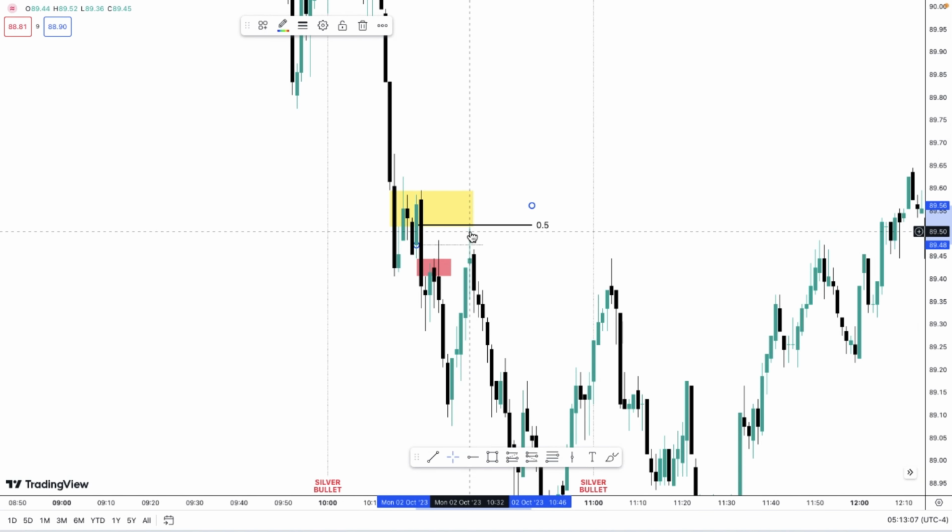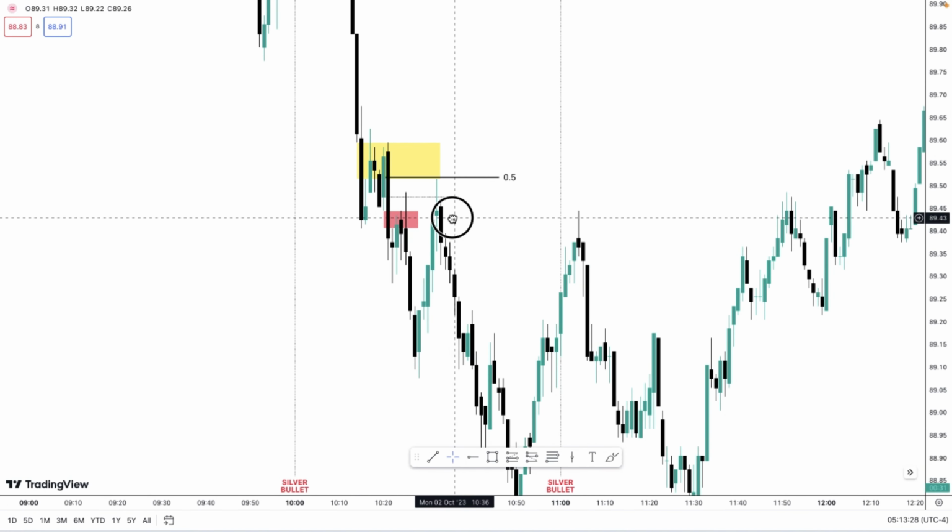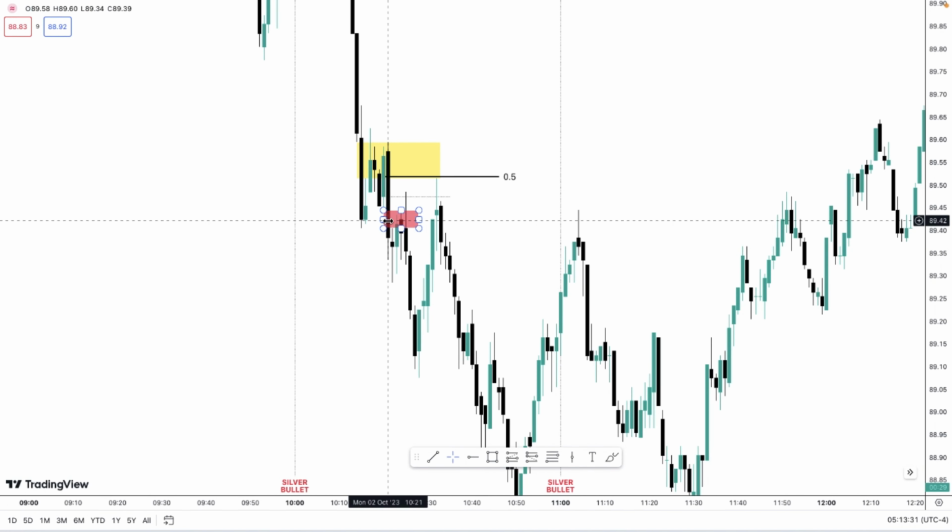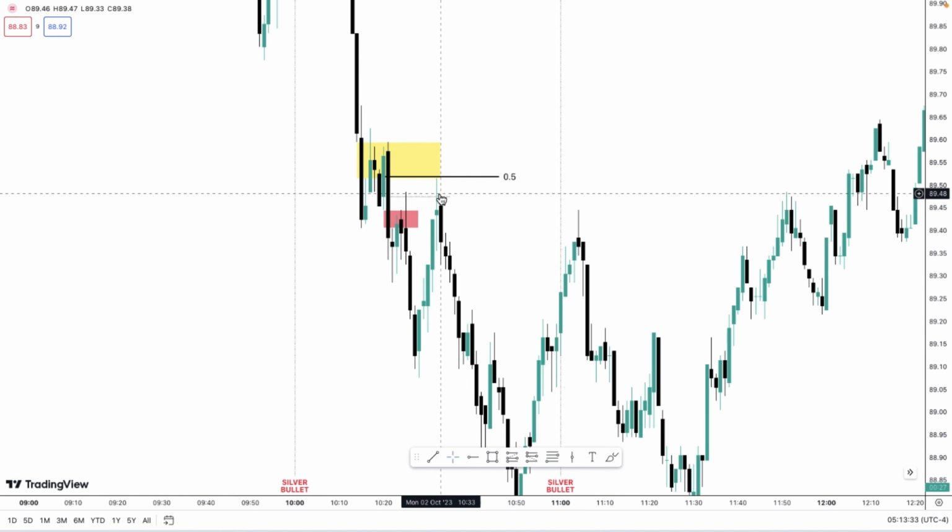So a lot of things are happening here at 10:32. This week it trades to the low of this old fair value gap. That's beautiful. It trades to the main threshold. That is beautiful. It closes below the main threshold, even below the order block. That's beautiful. So if you don't know how to trade fair value gaps, I know how to trade order blocks, so I could sell that as well.